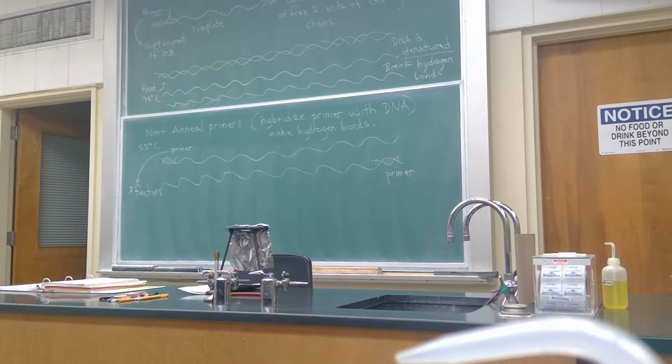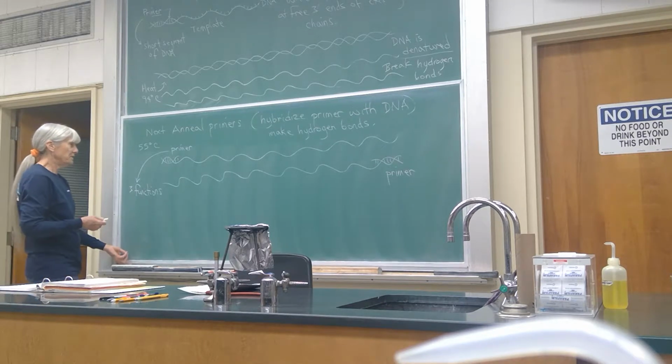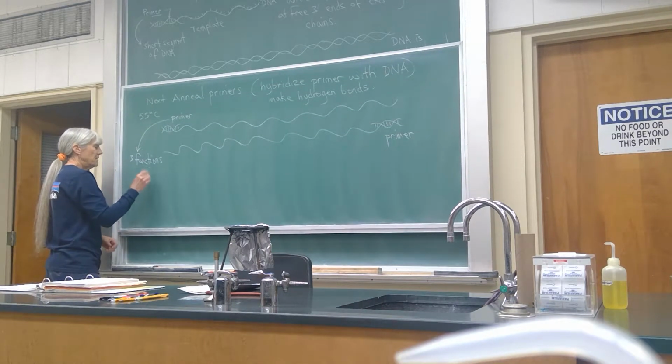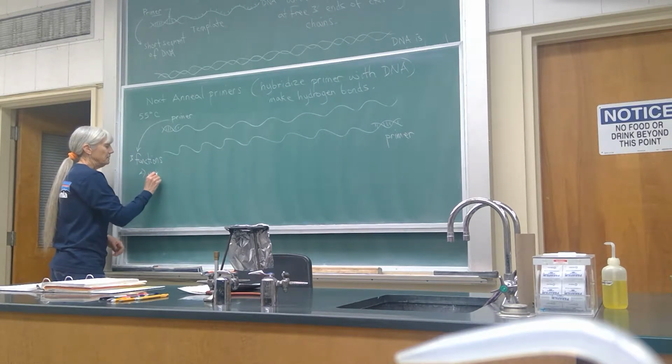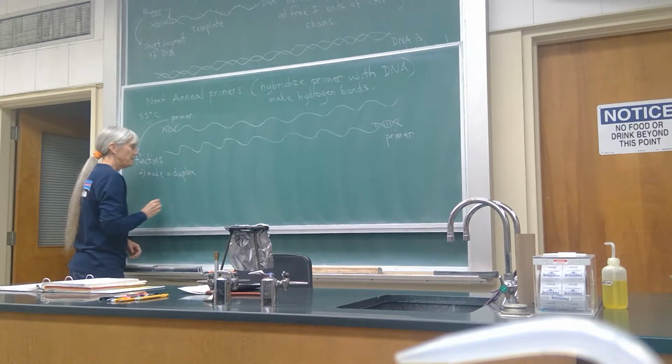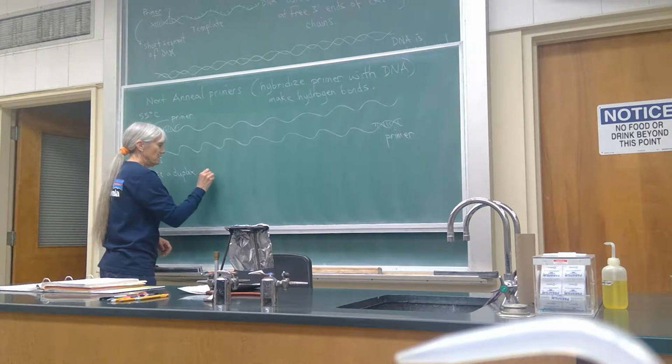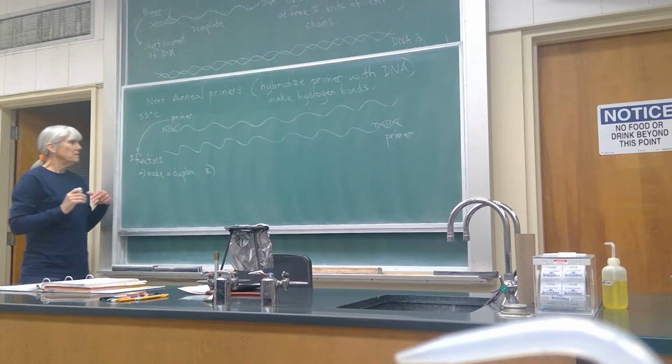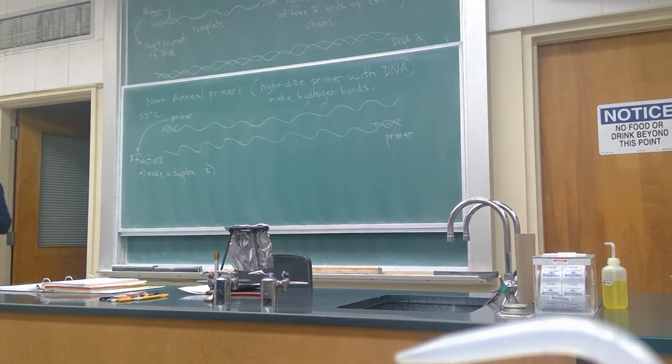So that's a requirement. The DNA has to be a DNA duplex in order for DNA polymerase to do anything. So if we list the functions down here, they are A, make a duplex. But it's not just random. The primers are going to determine which segment of DNA is going to be amplified.